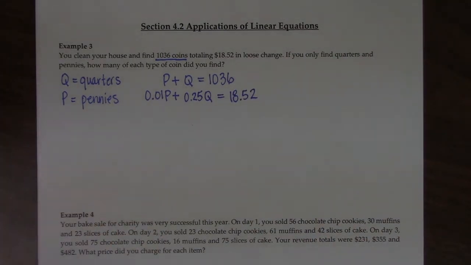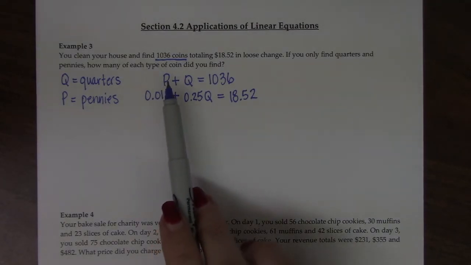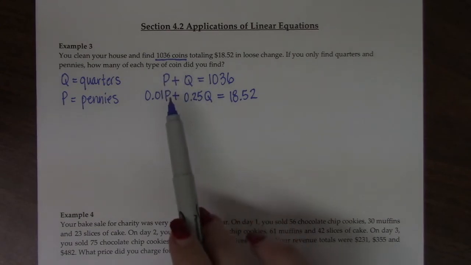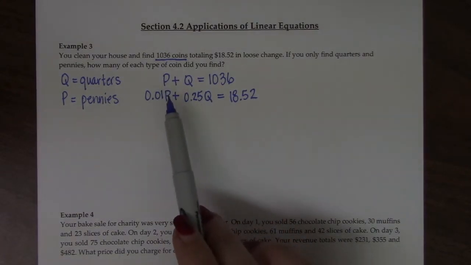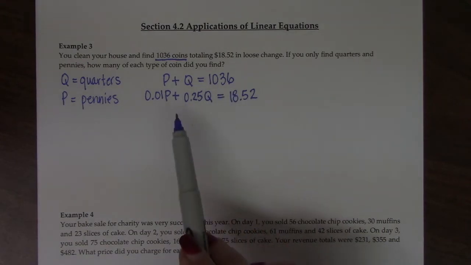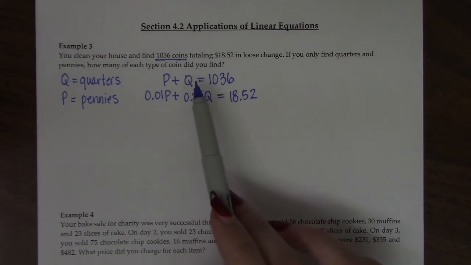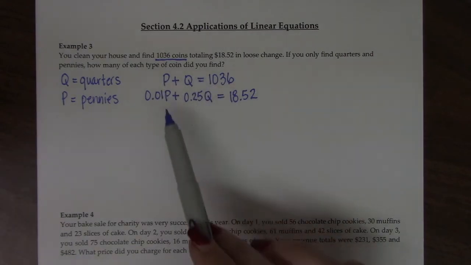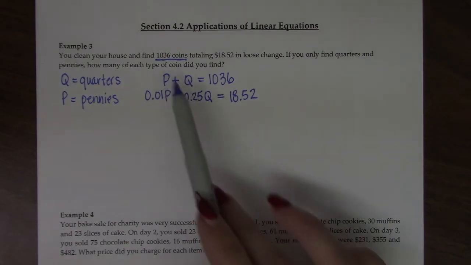The key thing you have to remember when you're doing a system of equations is whatever the value P is in this equation, it's got to be the same value here. So they have to have the exact same meaning. This is how you calculate how much money you have, right? You just take the number of each coin, multiply it by its value, and you get the dollar amount. Here we just said, well, how many of each do we have? And it adds up. So P represents the number of pennies and Q represents the number of quarters in both equations.